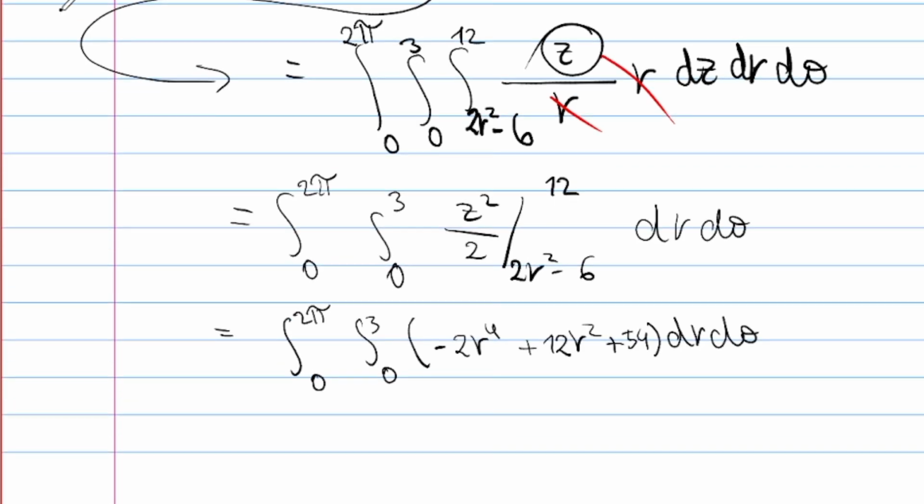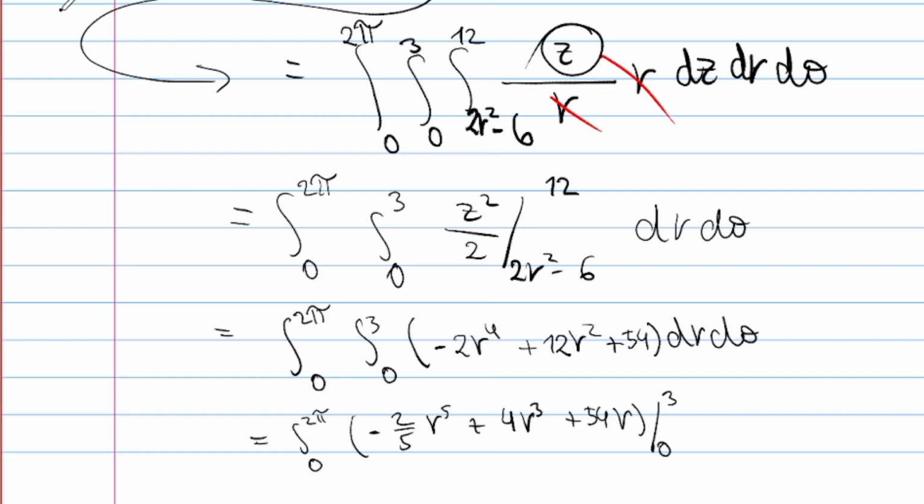And then you're going to get 2 pi here. Minus 2 over 5 r to the 5, plus 4, and then you have this at 3.